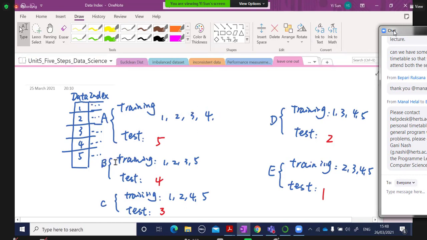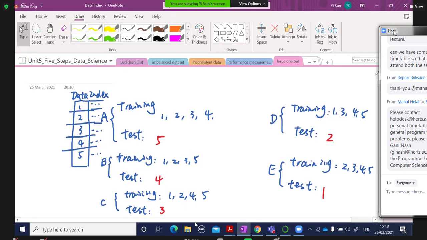This is an iterative procedure. For the next one, the test point will be number 4, and data points 1, 2, 3, 5 are used to set up the training set. In the third step, we use the third data point as the test point, and all the other data points go to the training set. In this way, every data point will be tested once.